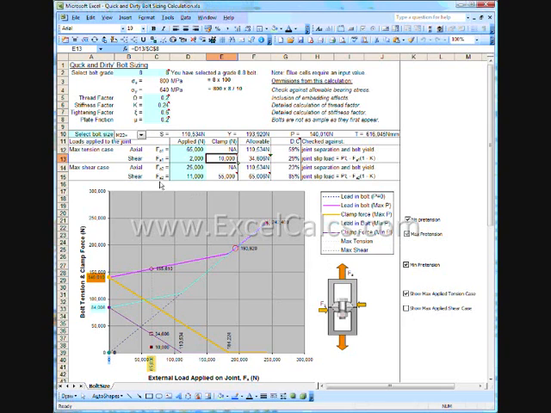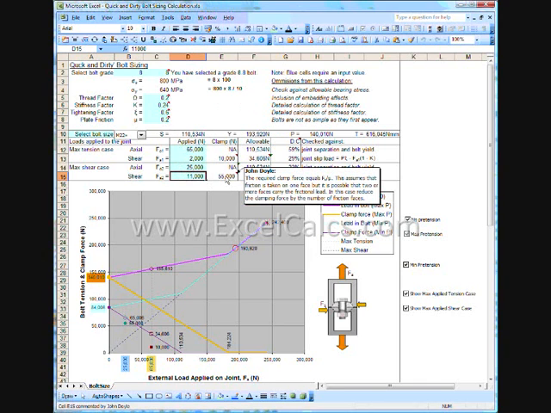I'm now going to show you this next case, which is the maximum shear case. So we've actually got a higher value of shear, a lower value of tension, and let's just plot that on the curve. Okay, what we can see here, this time we're only applying 25,000 newtons, and our minimum clamping load is then 65 kilonewtons, and we want to apply an 11,000 newton shear force, which when we use the coefficient of friction means we require 55,000 clamping force.